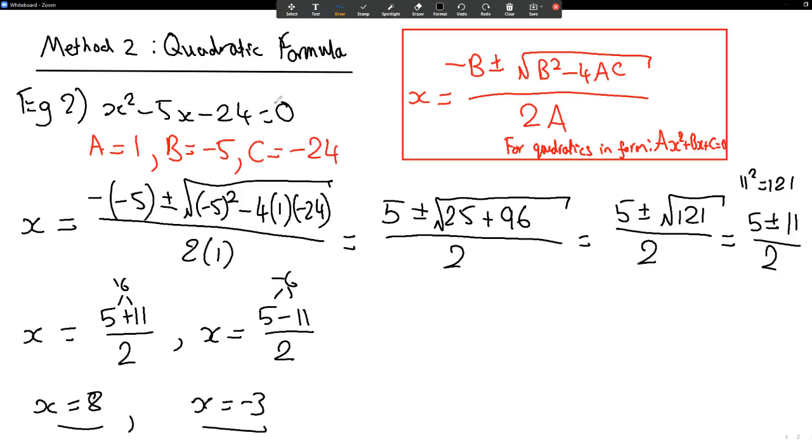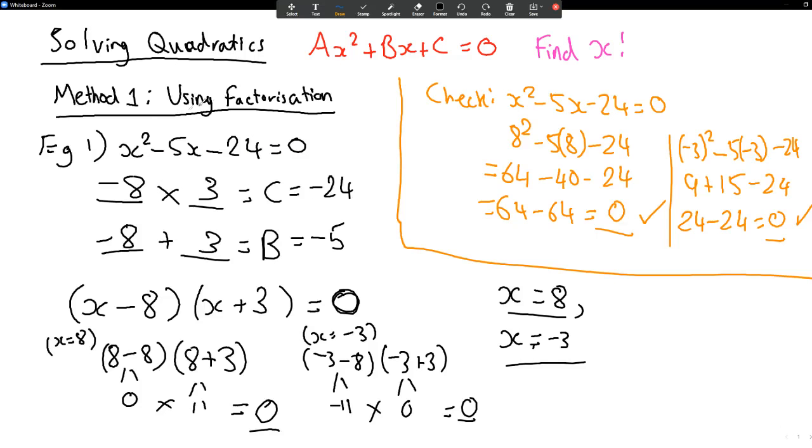So I'd always use the quadratic formula if you have a calculator. I'd only use the factorization method if you don't have a calculator, and the numbers are nice, because sometimes the numbers might not be like this, and you won't be able to use this method.